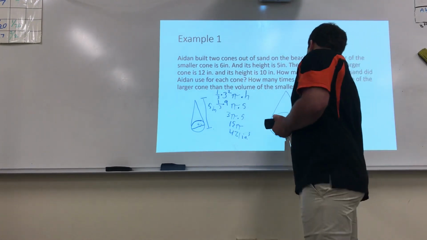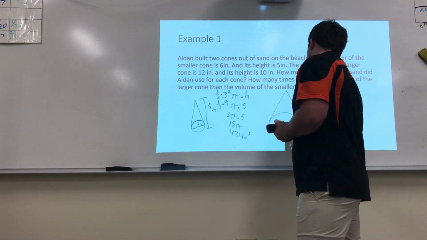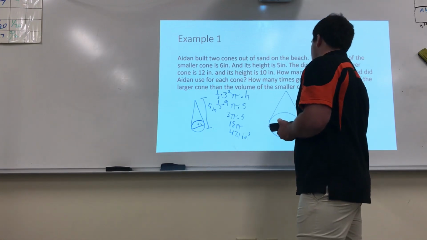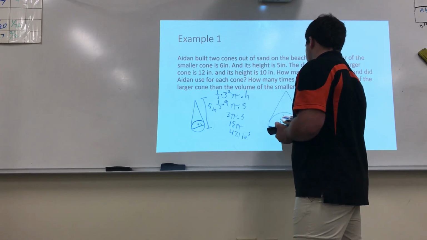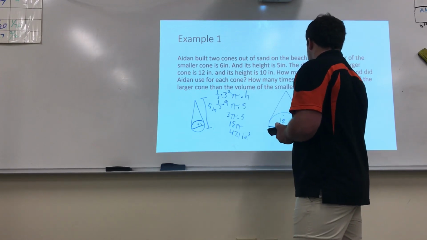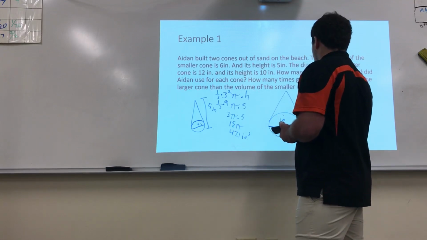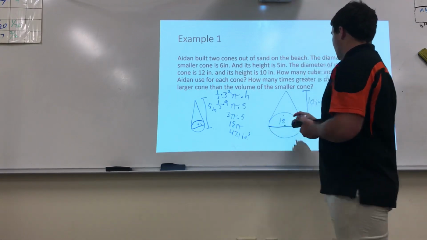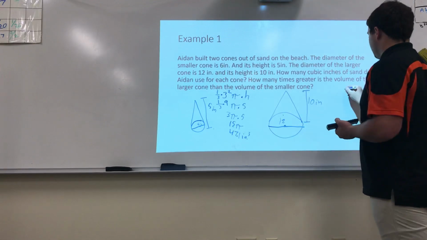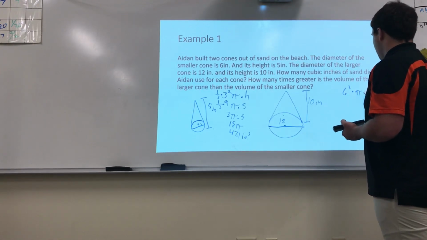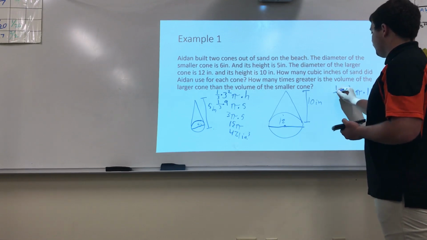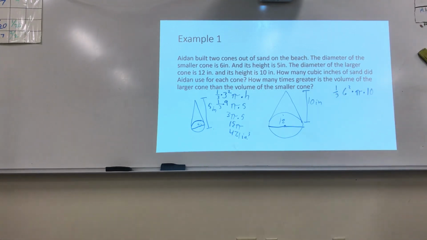The diameter is 12 and the height is 10. Okay, we're going to take the radius, which is 6 squared times pi times height, which is 10. Don't forget this is a cone, so instead of just doing the cylinder formula, we do the 1/3.